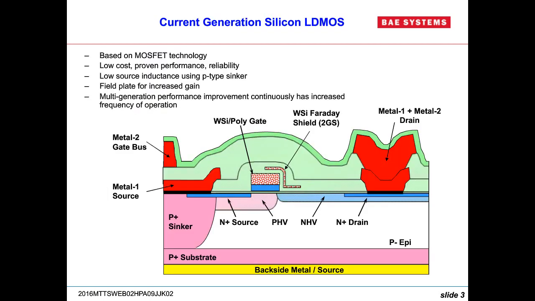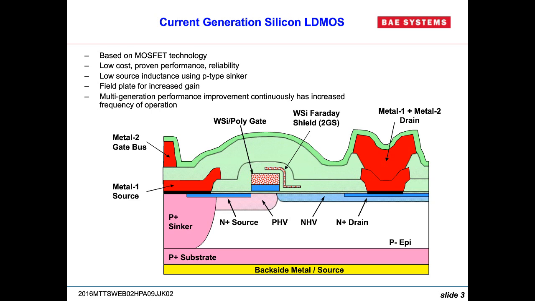I'm going to first go through the current focus in usage for the transistor technologies that people are focused on using. And the first of those is the current generation of silicon LDMOS. It's based on MOSFET technology. It's low cost, proven performance and reliability.